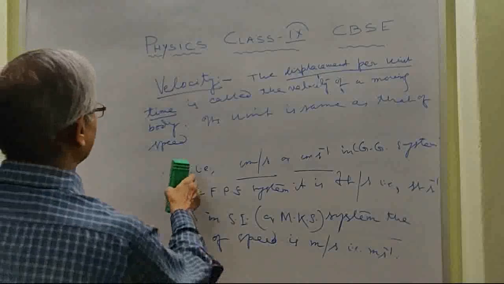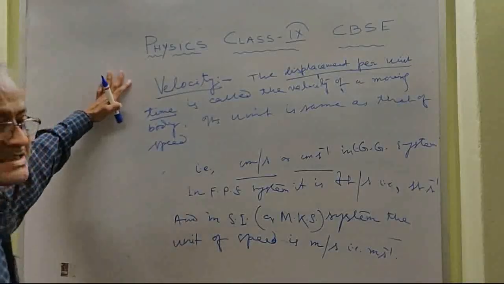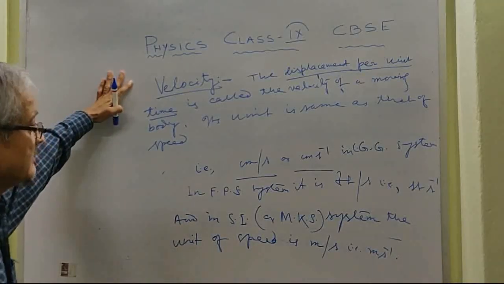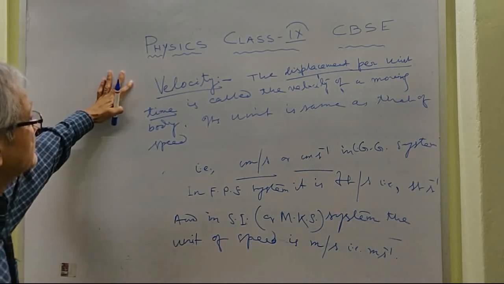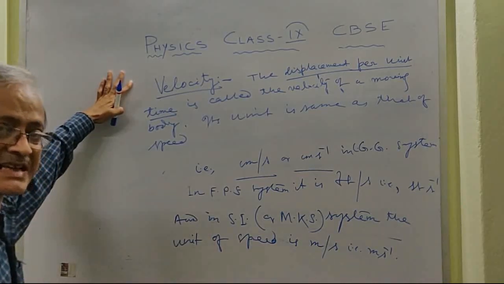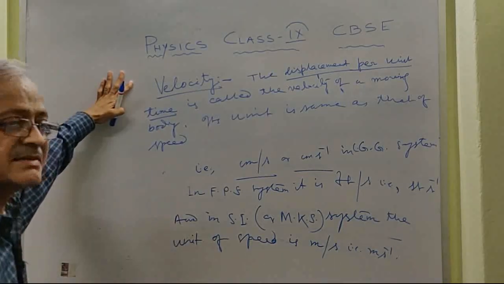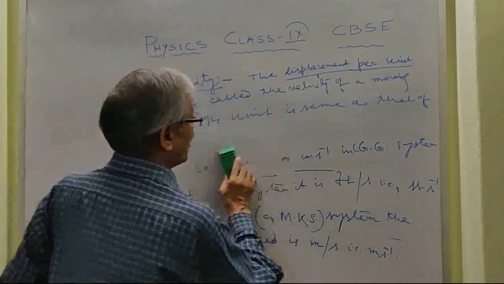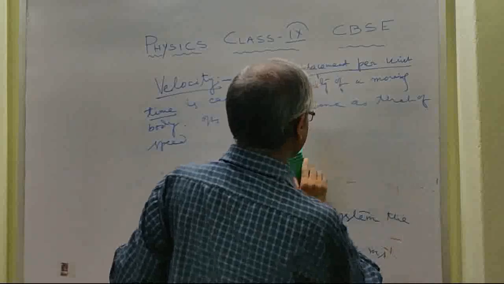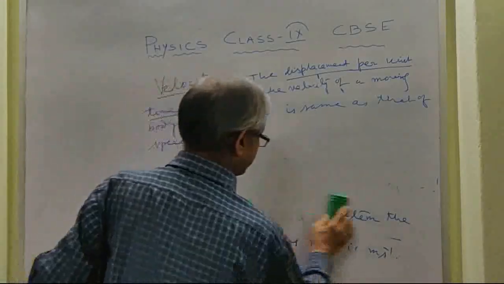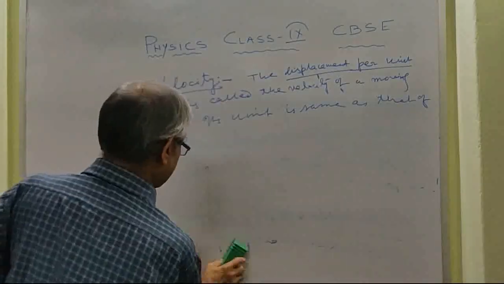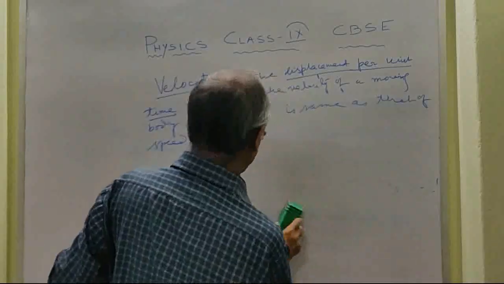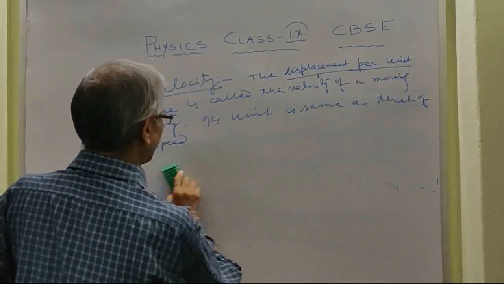Now, what is the difference between speed and velocity? We know that speed is a scalar quantity, but velocity is a vector quantity. Hence, speed is always positive, but velocity may be positive, negative, or zero.